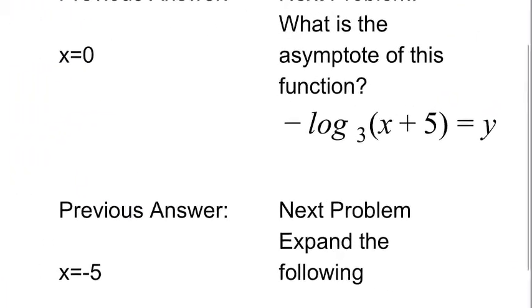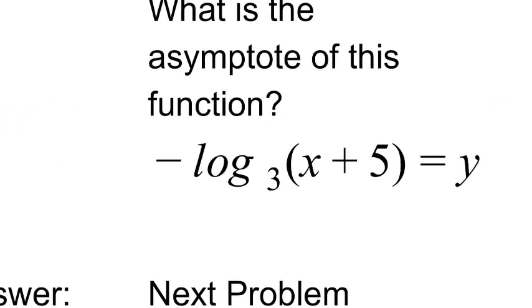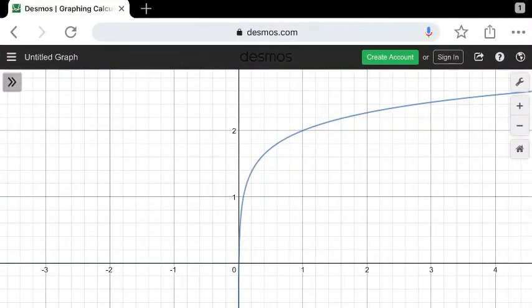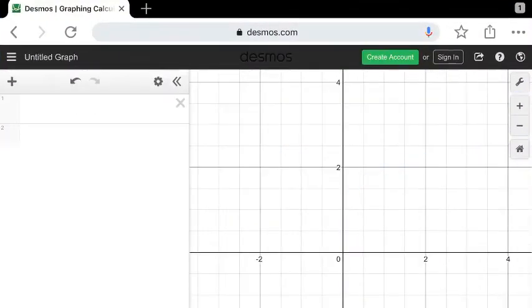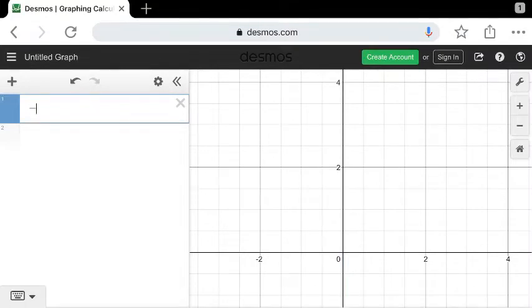Next problem, what is the asymptote of this log? So we're going to put this log into Desmos. Exit out of our log. I've got negative function log A. My base was 3, and then I have x plus 5.